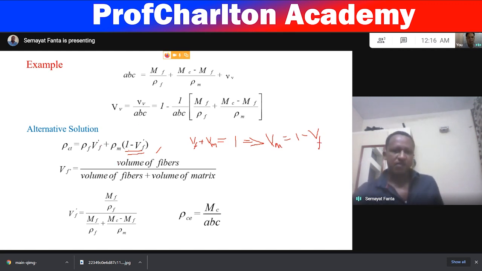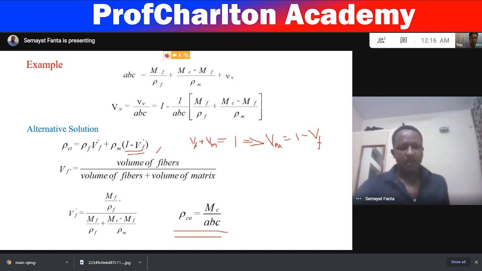So from that we can get the experimental density of the composite, which is equal to mass of composite over volume of the composite, and the fiber is given in this formula.